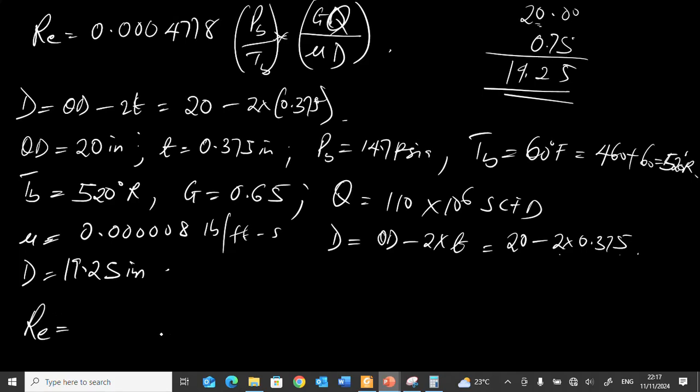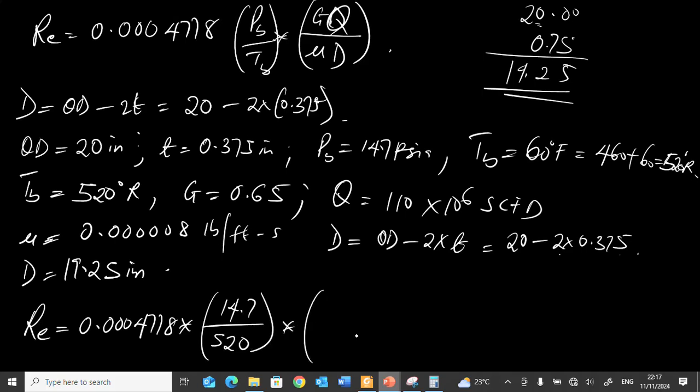So our Reynolds number will now be equal to 0.00047778 times the base pressure, 14.7, divided by the base temperature, 520, times the gas gravity 0.65, times the flow rate, 110 times 10 raised to 6, divided by 0.00008, divided by 19.25. Now let's make use of our calculator.